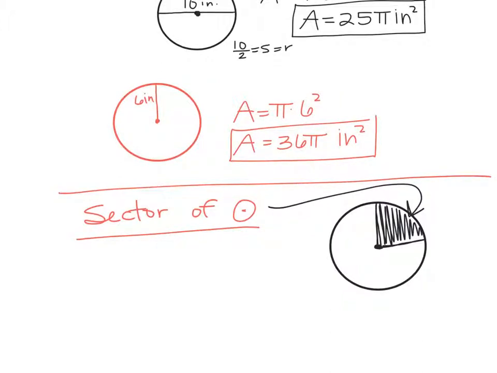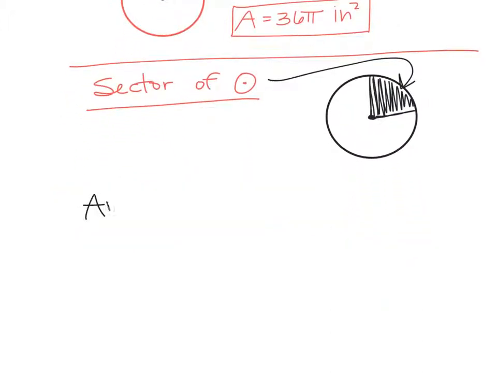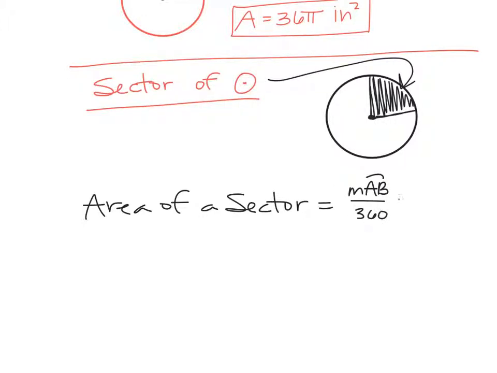So the area formula for a sector is this. We're going to take the measure of the arc over 360 times, instead of pi d, pi r squared. So arc length uses pi d, circumference. Our area of a sector uses pi r squared because we're finding the area of a circle and taking a fraction of it.